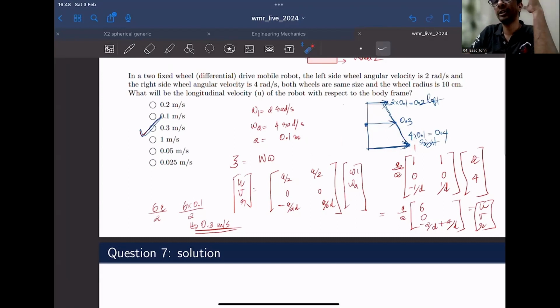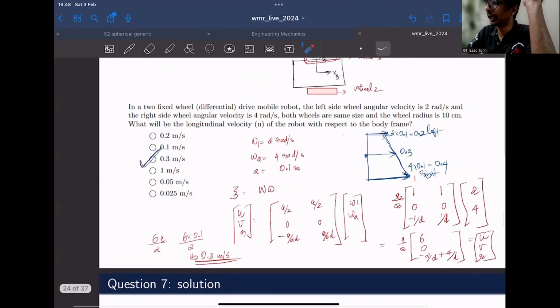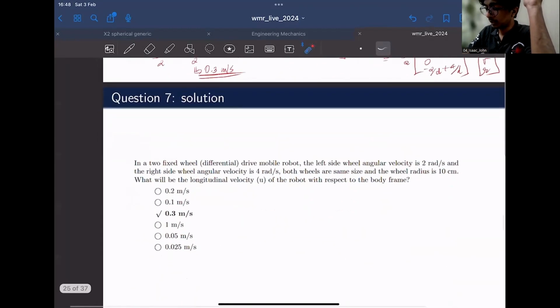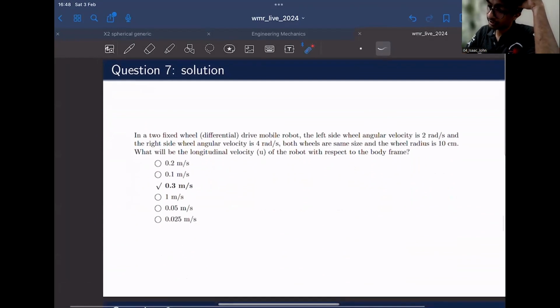And whatever be the case, you all know that the lateral velocity is always going to be zero, because a differential robot cannot have a lateral velocity component. So in that case, the correct answer is indeed 0.3.